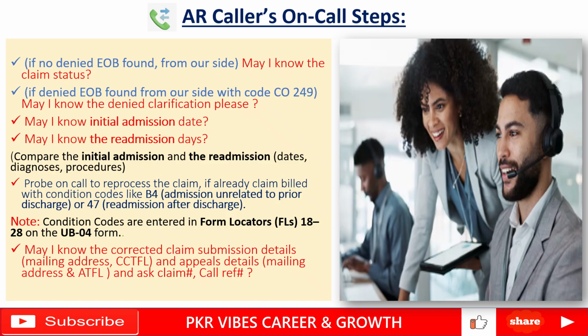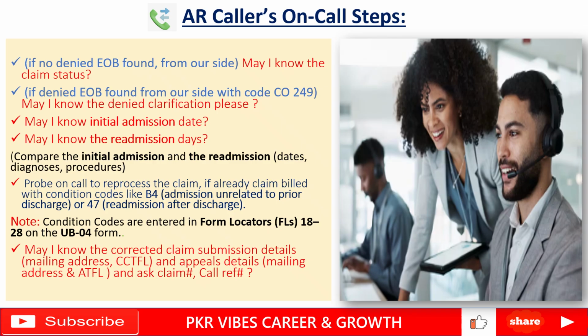At that time, the insurance representative will provide you the initial admission date on the call, and you have to verify it and also ask the question: may I know the readmission dates?